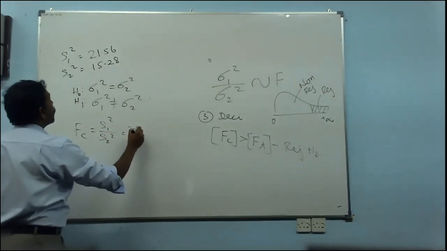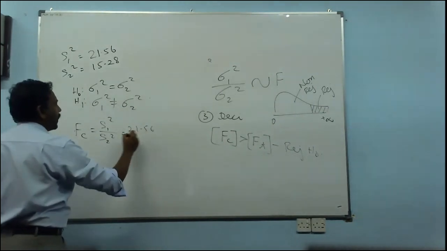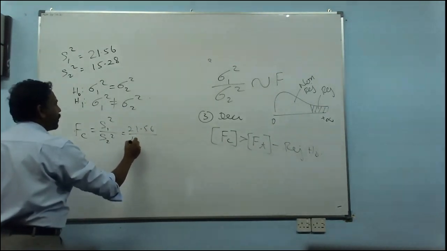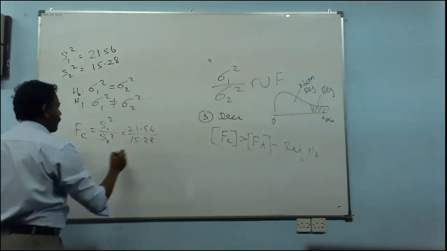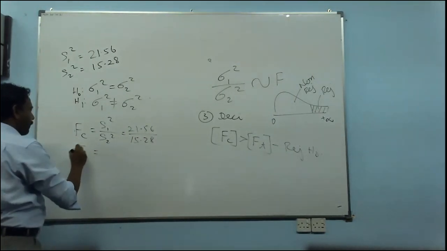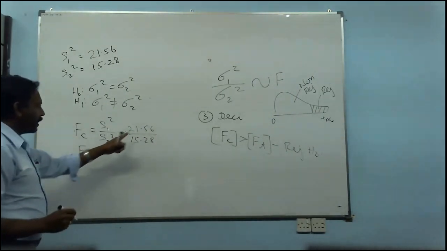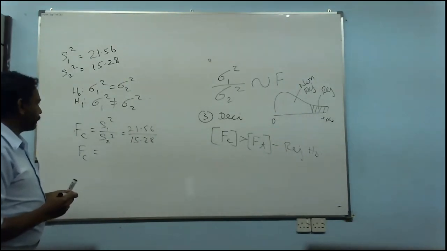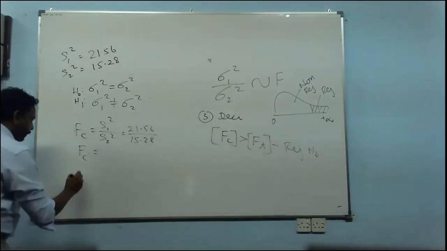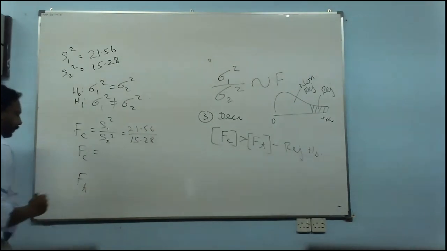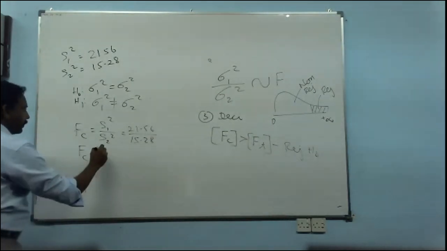S1 square, let's say 21.56. S2 square is 15.28. What is the calculated value then? Somebody tell me. 1.41.